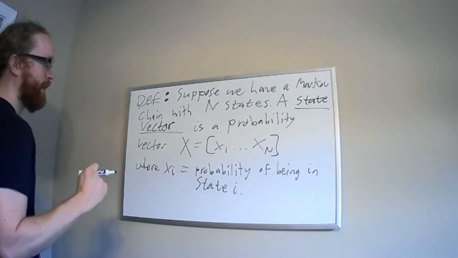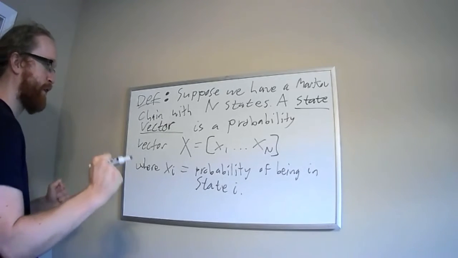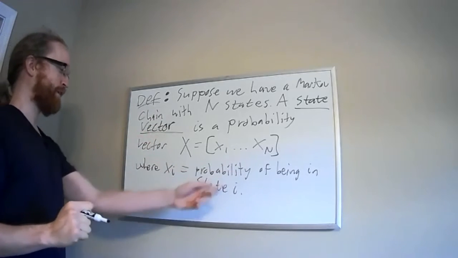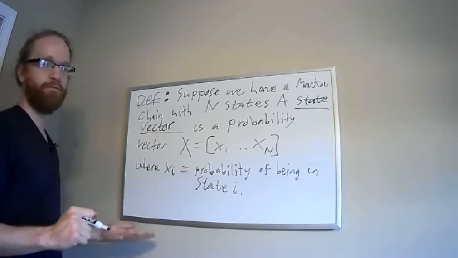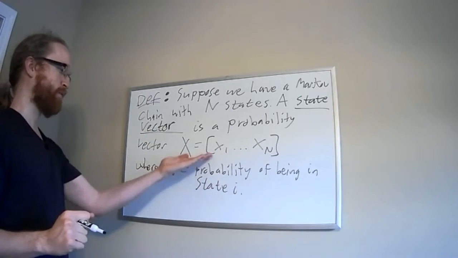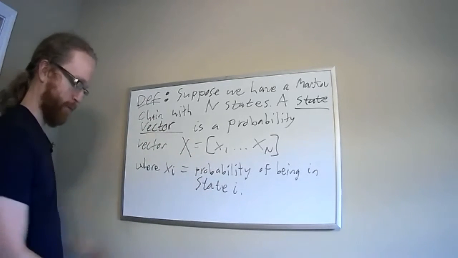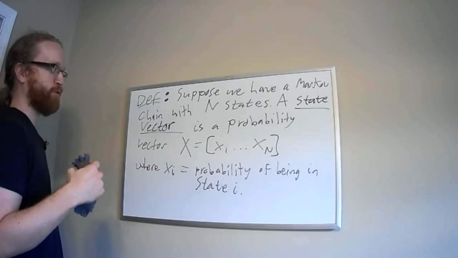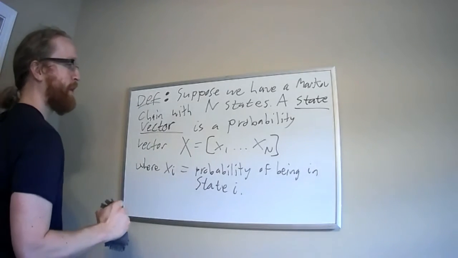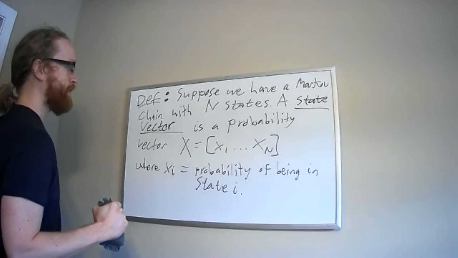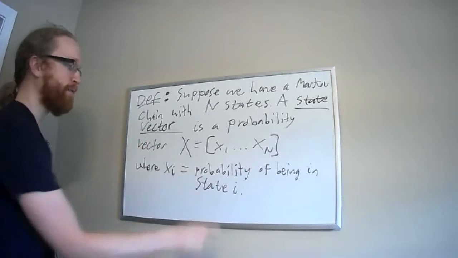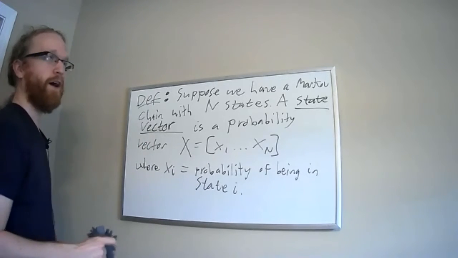So I need to have a starting point. And that should sort of strike us the wrong way when we read this definition, because probability of being in a state, well, yeah, but when? It seems like I'm pulling probabilities out of the air with this definition. And the idea is we're going to get around that. I'm going to be able to represent a starting point, like it's sunny today, with a state vector.